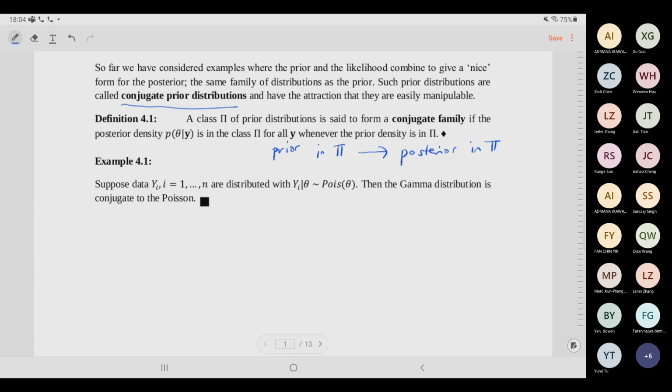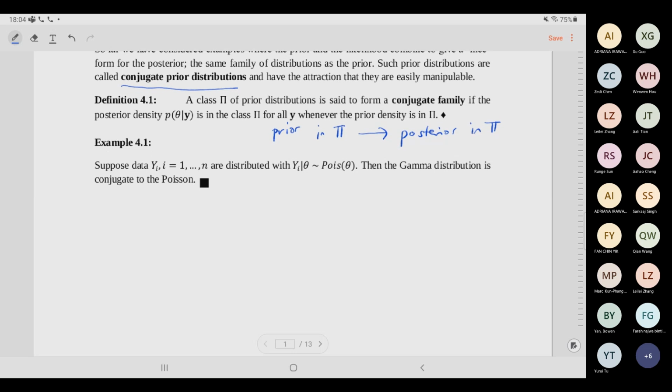Okay, so how do you ensure that your posterior will be in the same family as your prior? We have to look at the likelihood or the joint PDF of your data y. If you look at an example, you have your data y given theta distributed as a Poisson, and your parameter is theta, so theta is the mean of the Poisson.